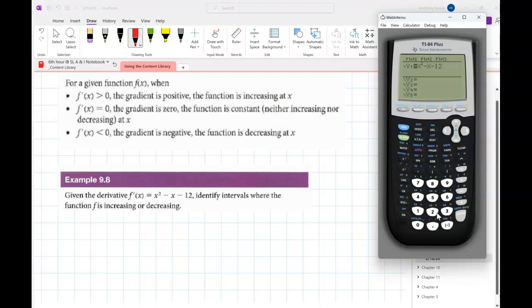So what are we looking for on the derivative graph to represent a positive slope? What does the graph have to look like? It has to be above the x-axis. So you're looking for where the derivative is positive.